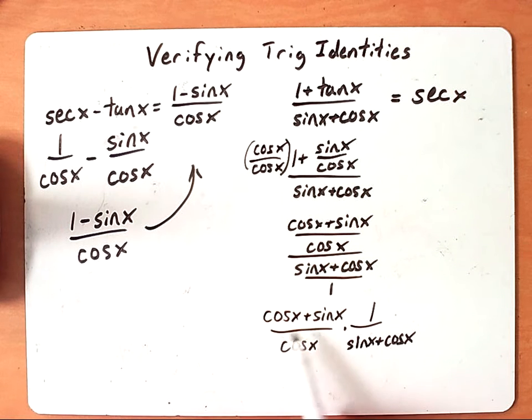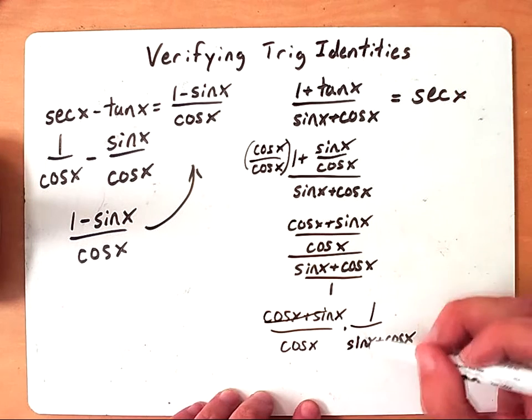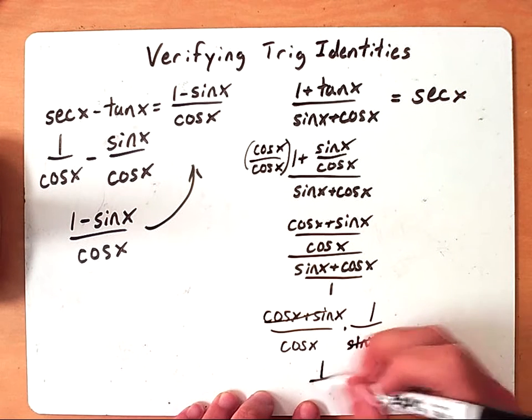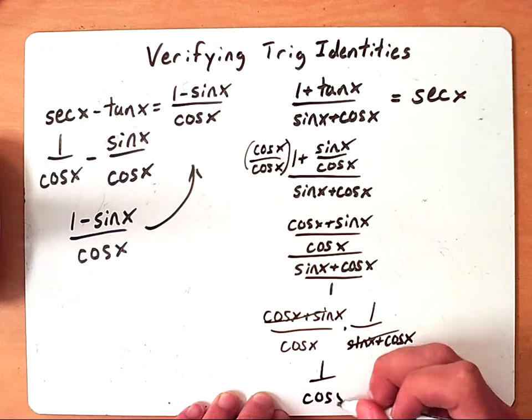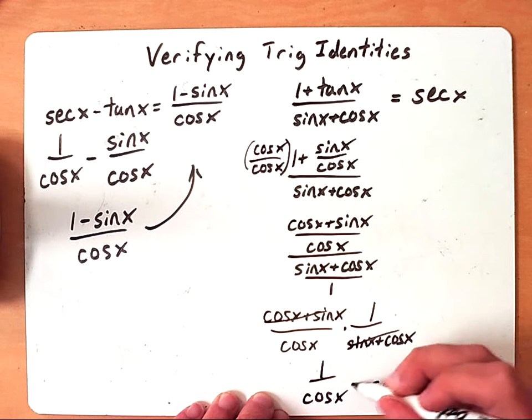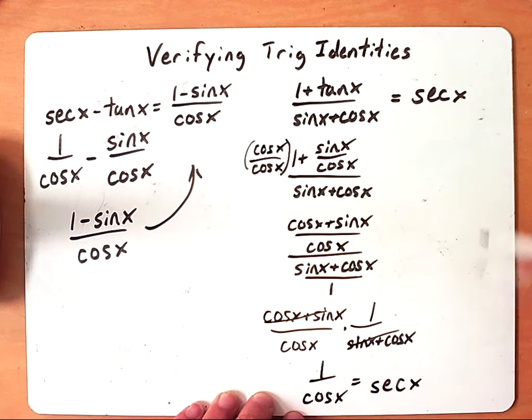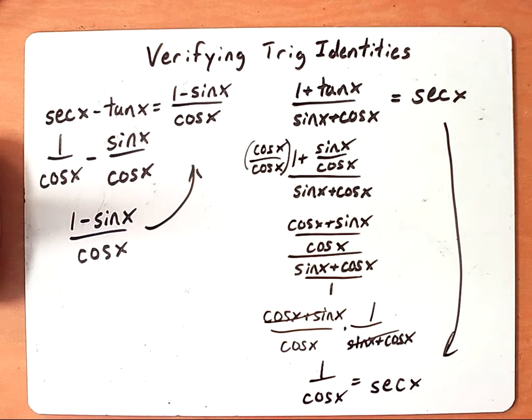Even though this is cosine plus sine and this is sine plus cosine, I could easily just rearrange them. And since those are the same, they will cancel out. And all I'll have left would be 1 over cosine of x, which equals secant of x.